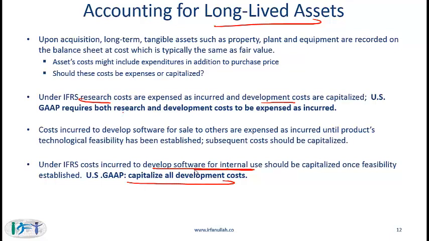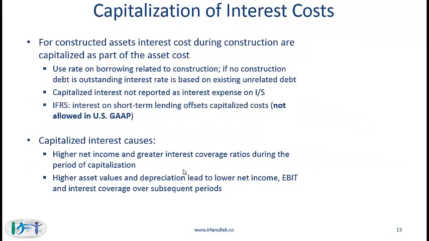IFRS says that as long as feasibility is not established, then you expense, after that you capitalize. With capitalization of interest, the subtle difference is that with IFRS, interest on short-term lending offsets capitalized cost, but that is not allowed in US GAAP.